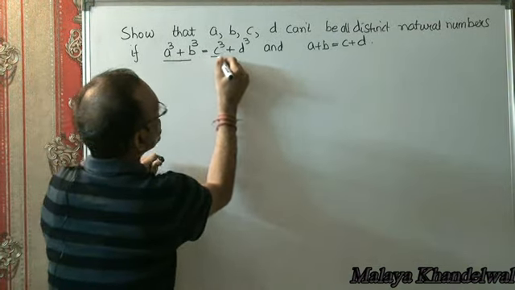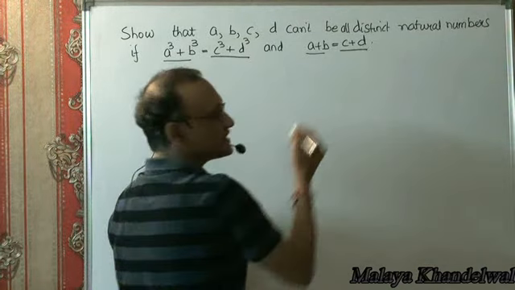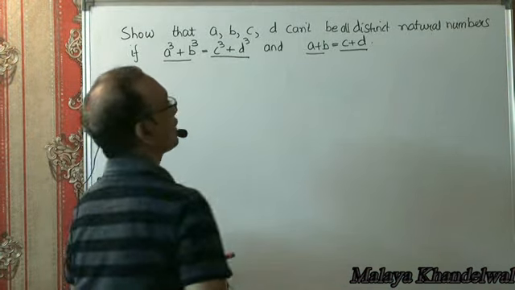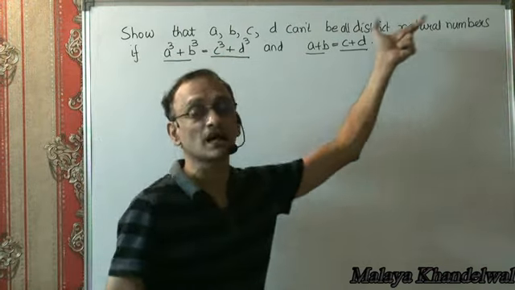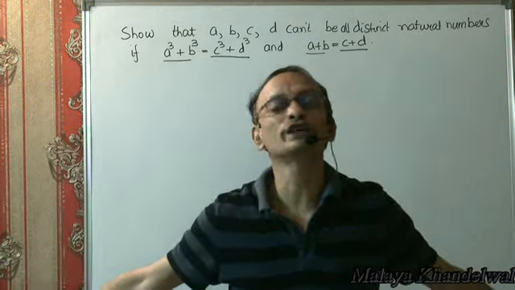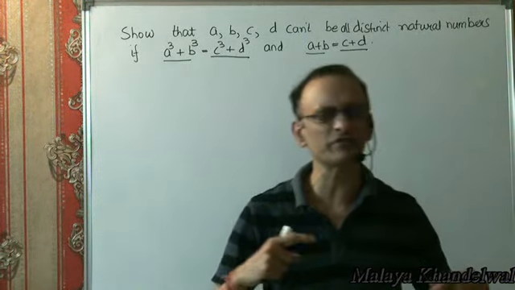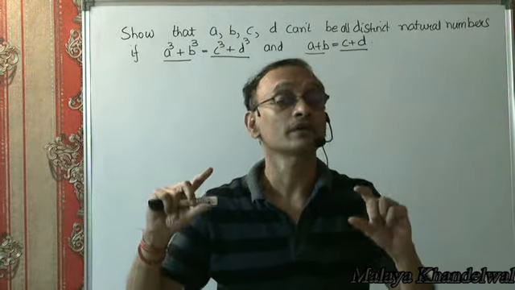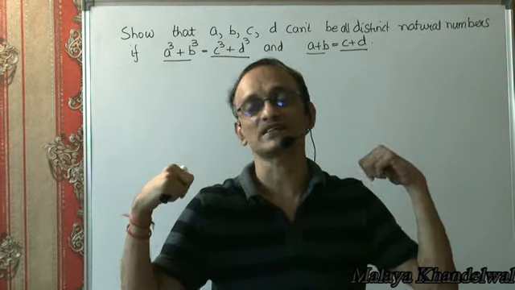A cubed plus B cubed is C cubed plus D cubed, and A plus B is C plus D. We want to show that if both these conditions are met by A, B, C, and D, they can't be all different. You can't have a set of 4 distinct natural numbers A, B, C, D satisfying this condition.